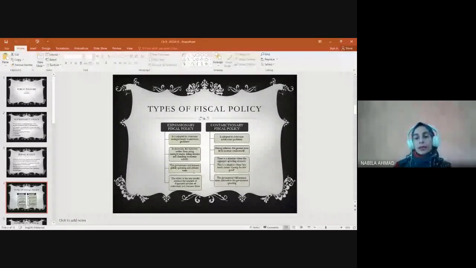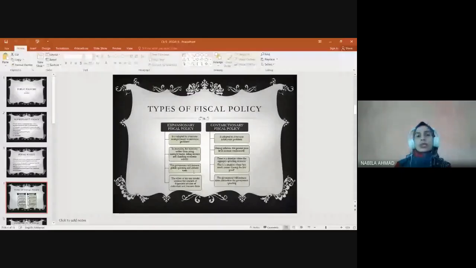Okay, so bila government increase dia punya spending, government akan increase gaji pekerja awam, government akan banyakkan development project supaya dapat create job opportunities. And then government reduce the tax, government akan kurangkan tax lah, maknanya tax rate tu dikurangkan.